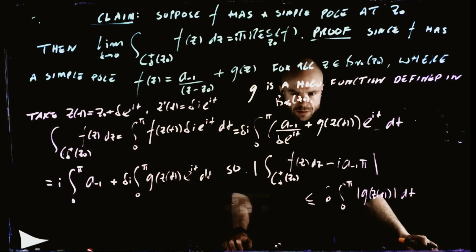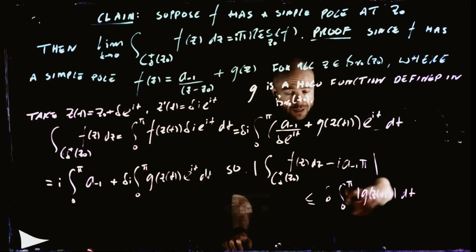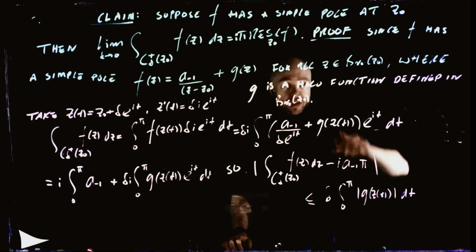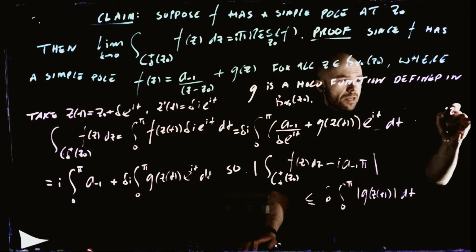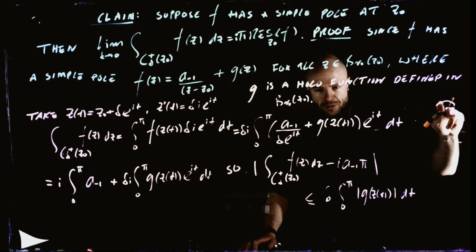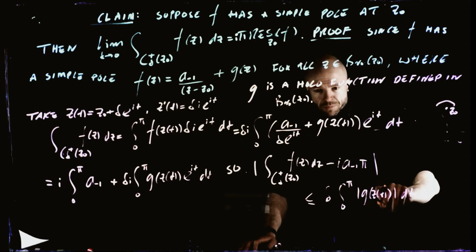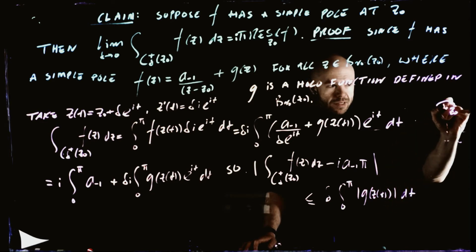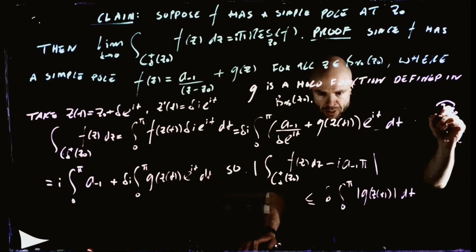Yeah. And again, g is nicely bounded, right? Because we are close to this singularity where g hasn't got a singularity here. G is just holomorphic. Yeah. So by continuity, this thing is less than twice the absolute value of g of z0, so long as we let this delta be small enough. Do you see what I mean? Or shall I add the details?